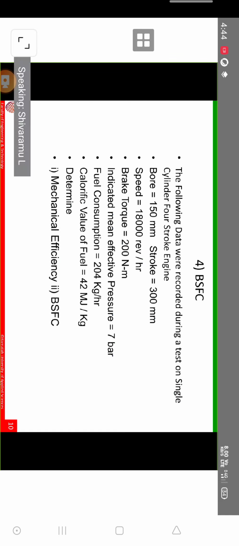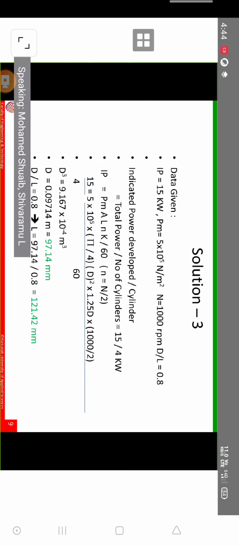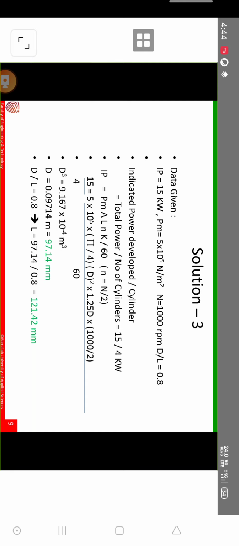I'm getting diameter as 7.63, sir. D cube, what is the value you're getting? 7.63. Can someone else calculate? So you have not changed any value, whatever is given in the problem, directly substituted.